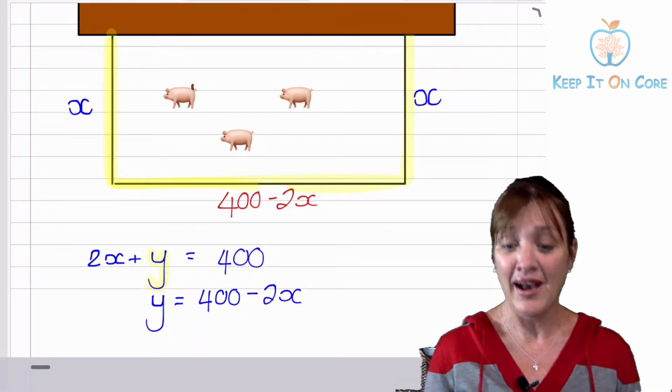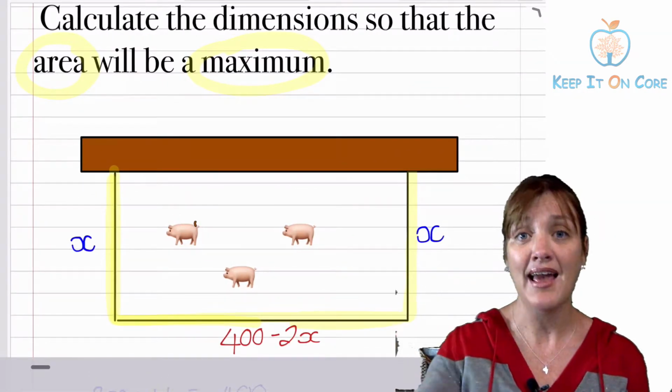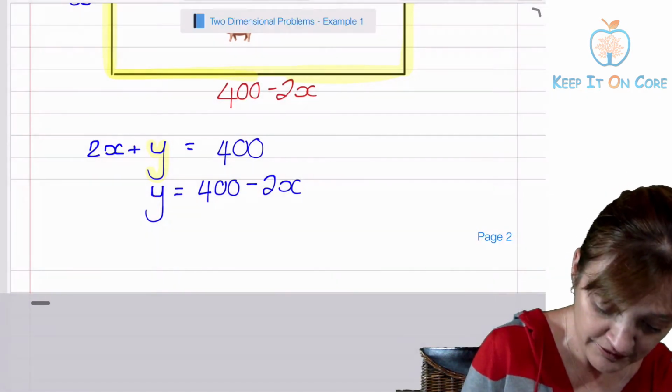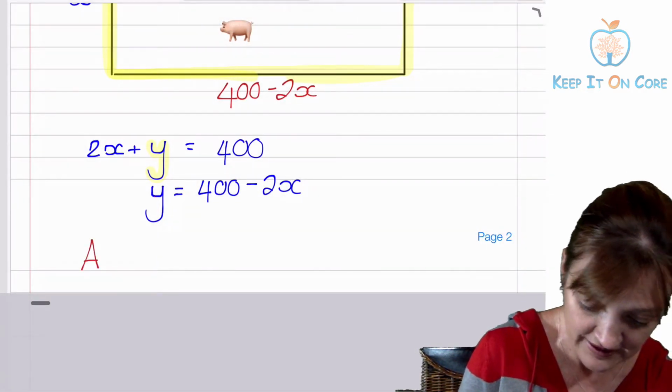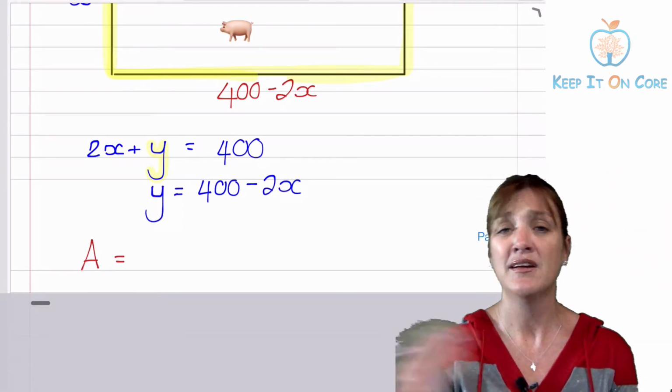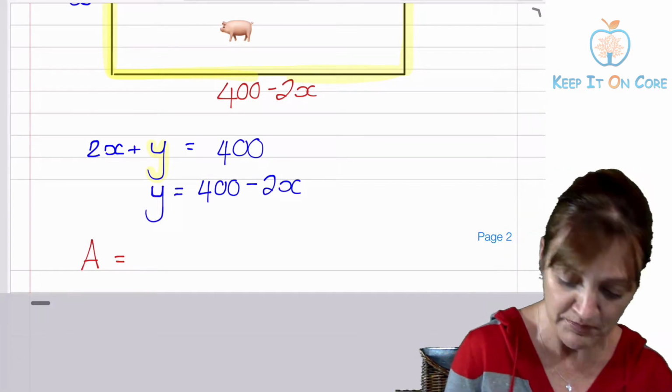The question wanted to know the maximum area. So the next thing we're going to have to do is put together a formula that represents the area of this shape. Area of a rectangular shape is pretty straightforward. It's our length times our breadth.